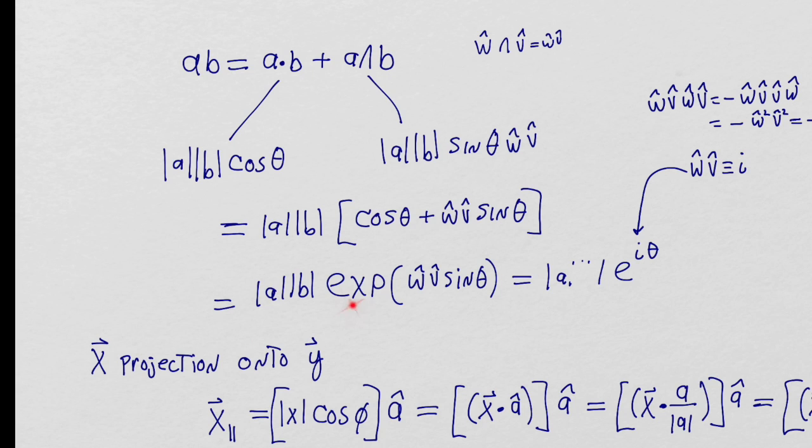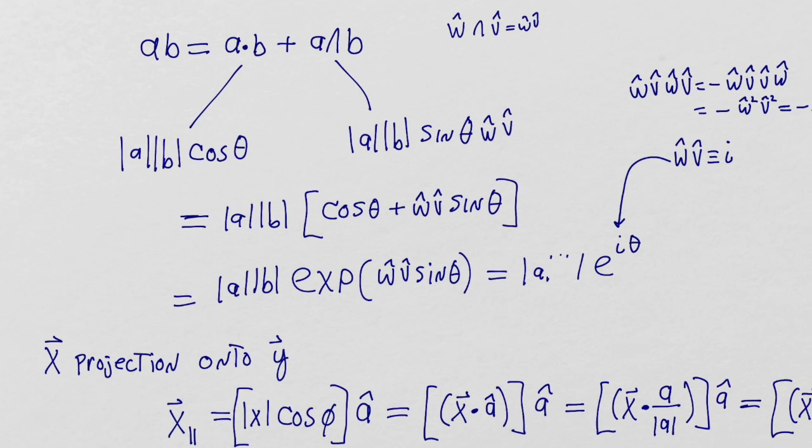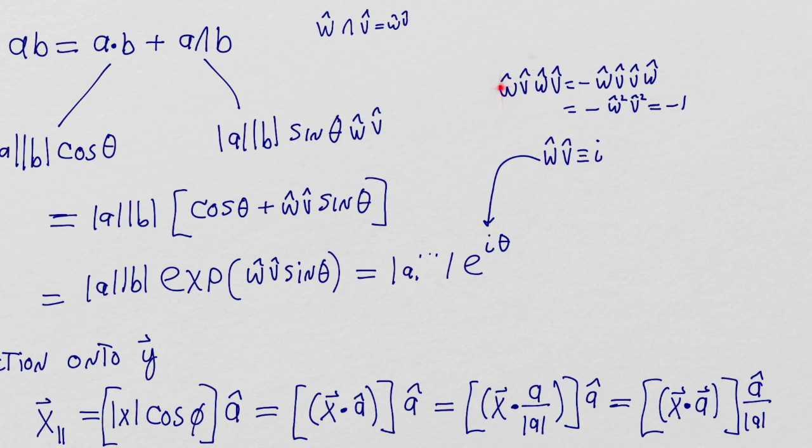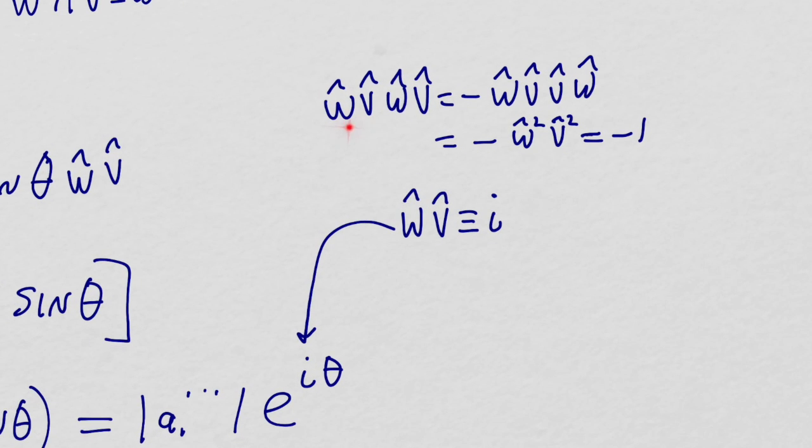We take the magnitudes, multiply by the exponential of W hat V hat sine theta, and we can do this because we know that W and V multiply to -1. This is something we showed last time. WV is minus WVVW. V squared becomes 1, then what's left is W squared, which is 1, and you get -1 for that one flip you needed.